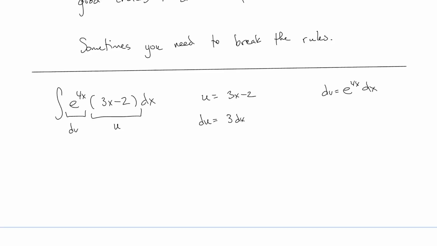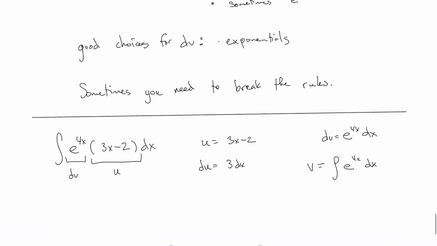And the v is the integral. So this v is the integral of e to the 4x dx. Anybody remember what that is? We actually talked about a useful little formula for the integral of e to the x, but when there's a constant up top. This is something that I said was going to be worth memorizing.